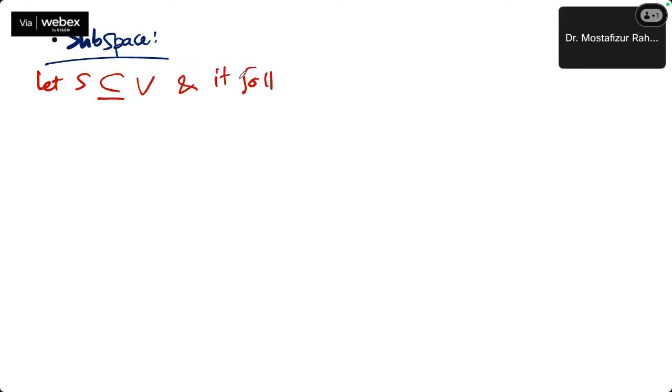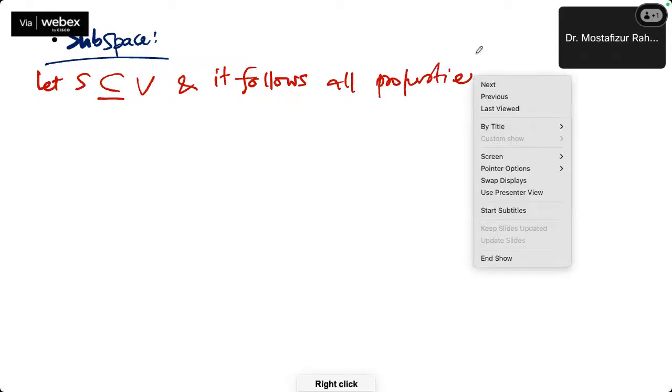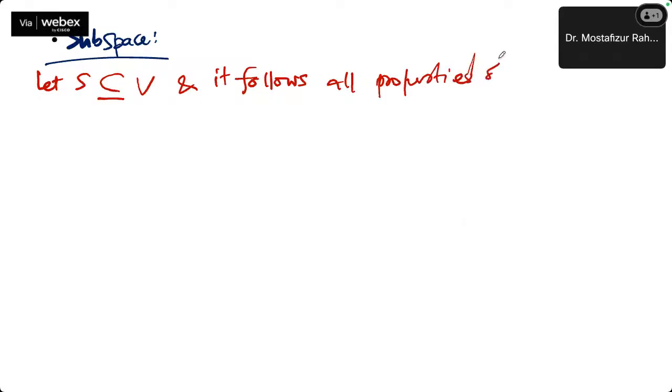Then subspace. Let S be a subset of V, and it follows all properties of a vector space. Then we'll call it a vector subspace.